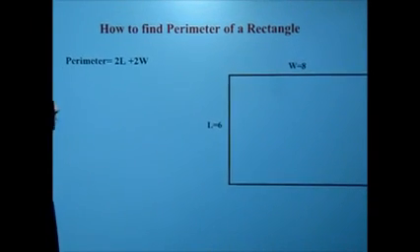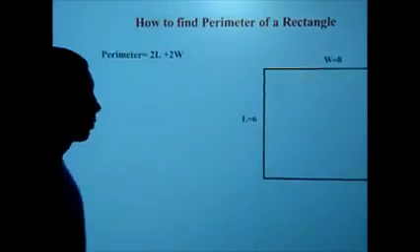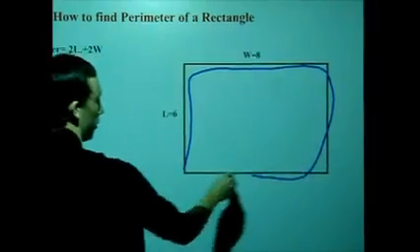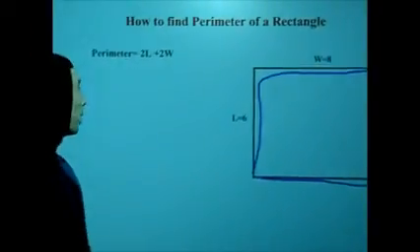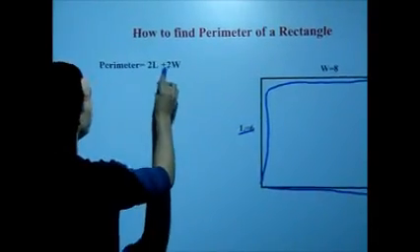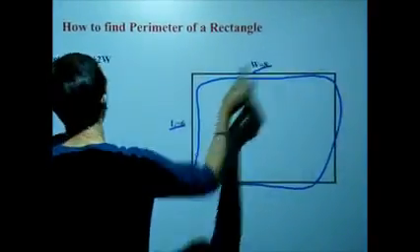Now, guys, we're going to learn how to find the perimeter of a rectangle. When we talk perimeter, we're talking about how we go all the way around this rectangle. Our formula for finding perimeter is 2 times the length, which in this case is 6, and 2 times the width, which is 8.